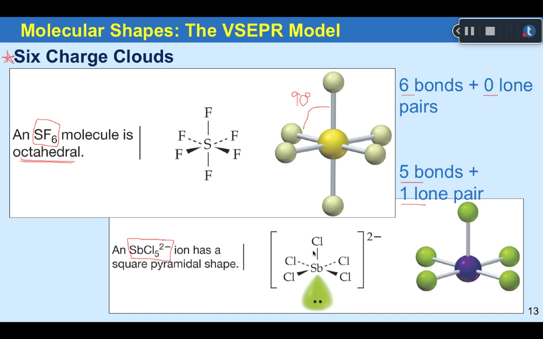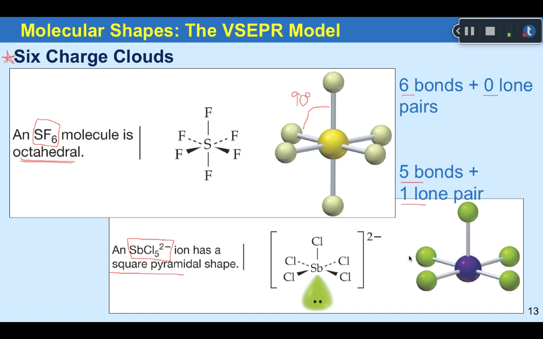The lone pair ends up being on one side, and it doesn't matter how you turn it or how you draw it initially, but you can imagine it with the lone pair being at the bottom. All the angles being essentially equivalent, we end up with what's a square pyramid.